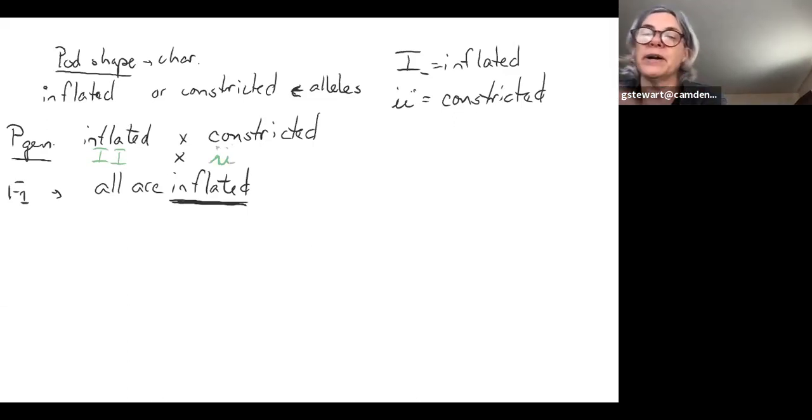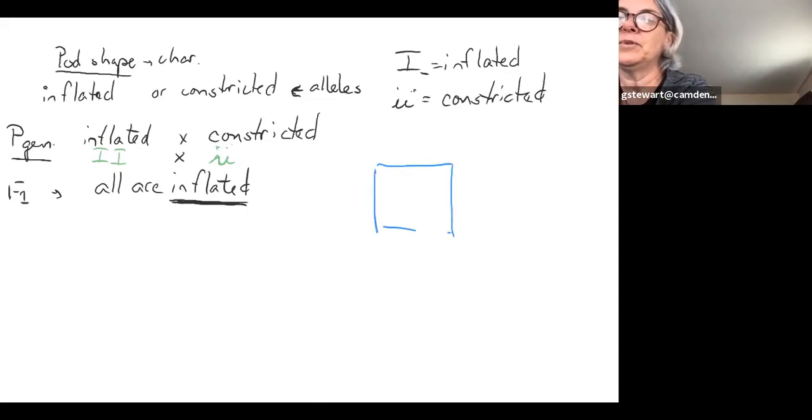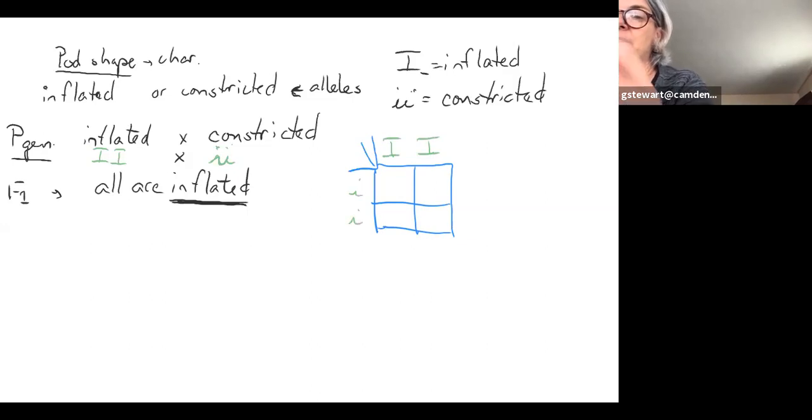Let's make our Punnett square over here then. It's a monohybrid cross, so 4 boxes, and I would have this parent across the top, this parent across the side. Then if this pollen grain meets up with that ovule, I would get that.